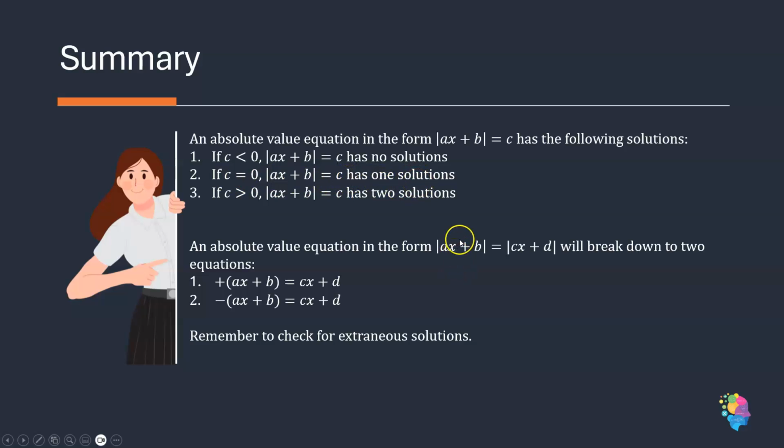It also gives you a summary of what to do if you have 2 absolute values in your equation. We still break it down into 2 equations. One will be positive and the other one will be negative. And remember that it is very important to check your solutions because sometimes those solutions don't work. Sometimes those solutions are extraneous solutions.